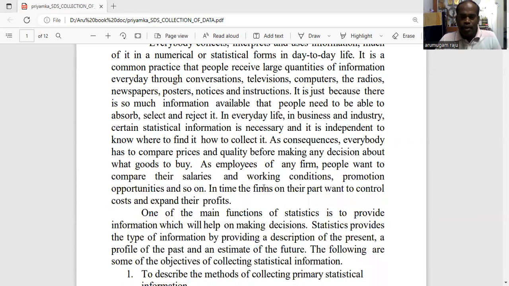The primary data means new data or original data. Similarly, the secondary data means already collected data or old data. So you have to know the meaning of the primary data and the secondary data.